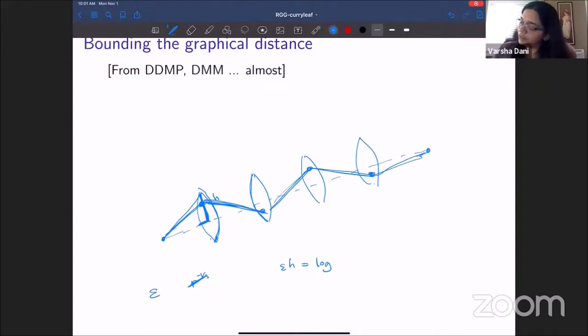And it turns out that we need to take epsilon equals r to the 1/3. And so that relates this distance, right?